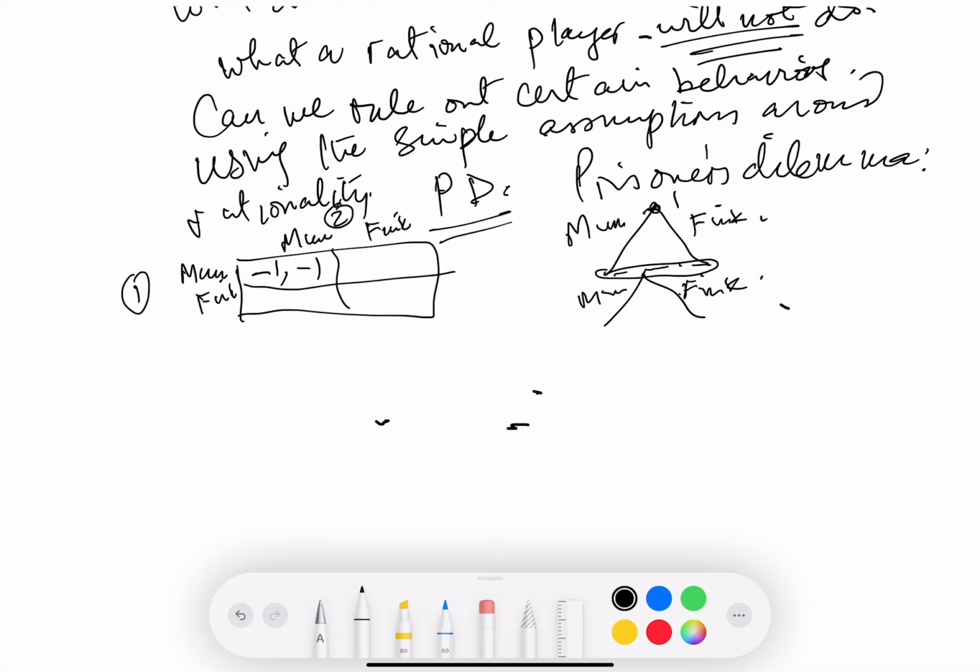So let's write those payoffs. So if player 2 goes fink and player 1 goes mum, player 2 goes free, that is a payoff of 0, no prison term, and you get hammered, player 1, because you did not confess, you stayed mum while the other player ratted.